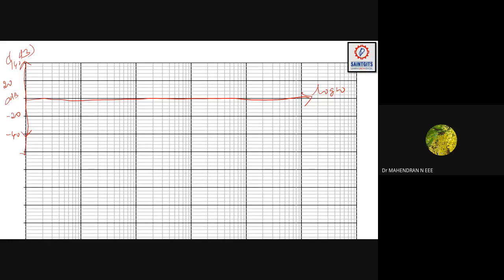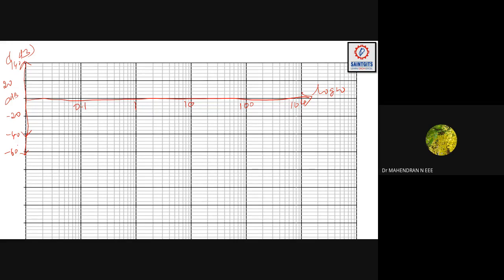In this problem we are getting minus 46, so extend up to minus 60, and here the corner frequency is 0.1. Every frequency should be multiplied by 10. Multiplying 0.1 with 10 you get 1, then 10, then 100, then 10 power 4. This is the way to present your x and y axis in the magnitude plot.